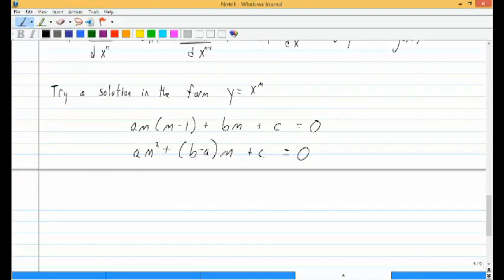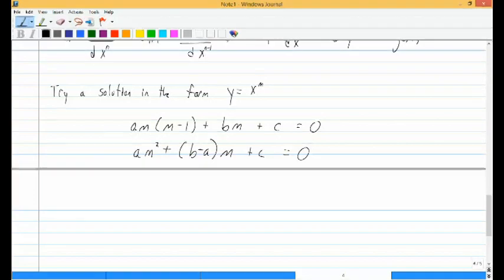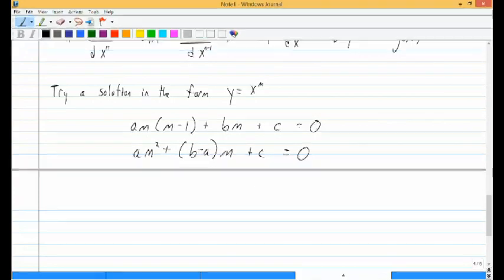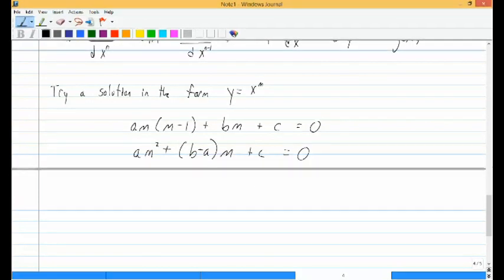And that looks like a quadratic equation, and so we can treat it like a quadratic equation.